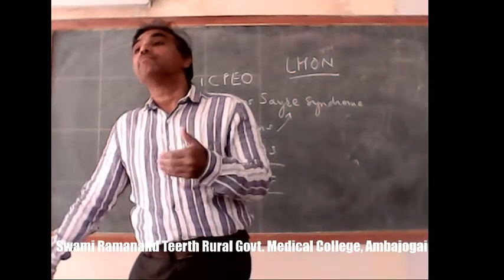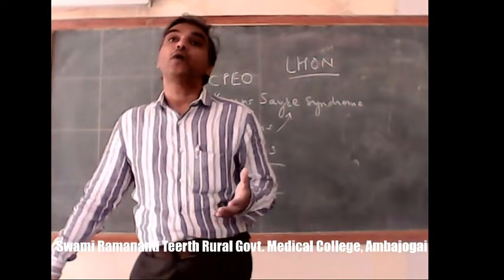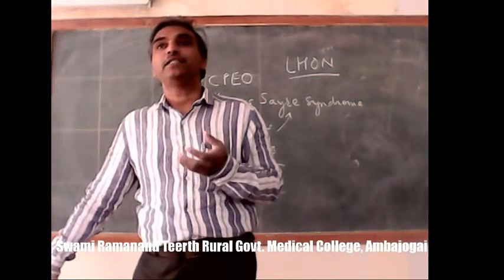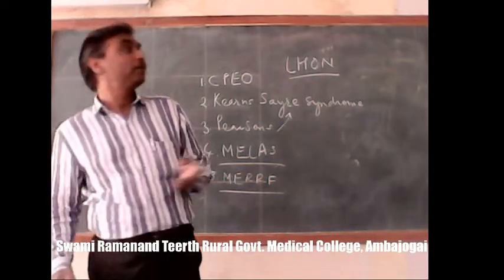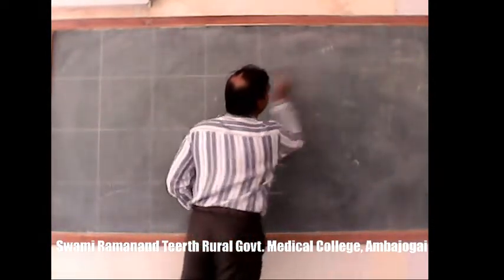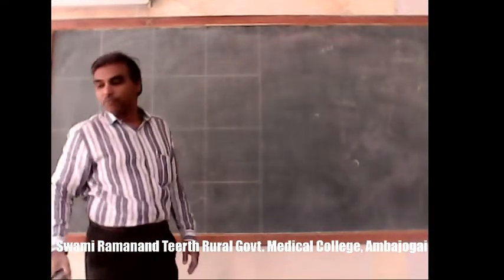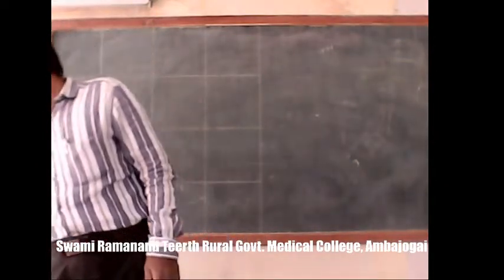Now efforts are being made to screen the population for mitochondrial oxidative phosphorylation diseases. So the newer types of treatment, from just palliative treatment, now genetic therapy or gene therapy comes up for the treatment of these OXPHOS diseases.